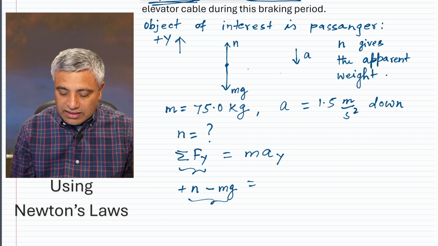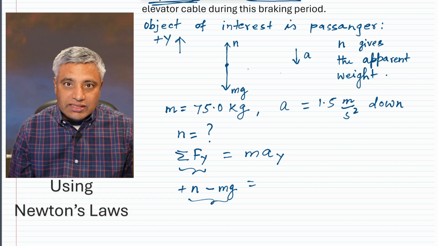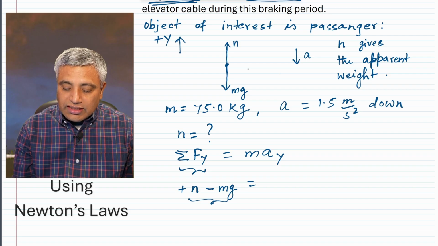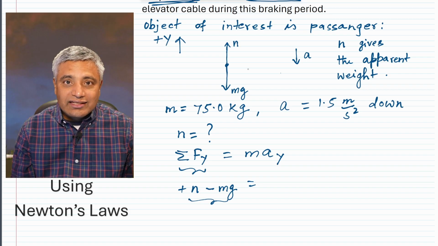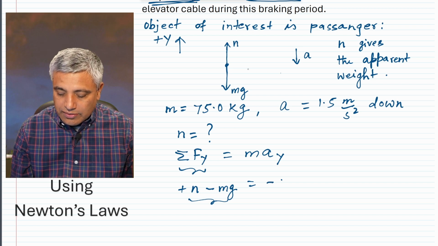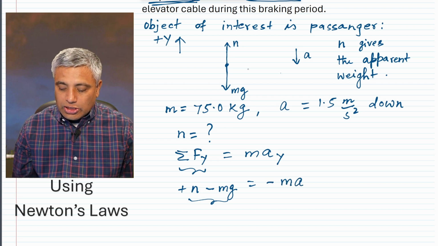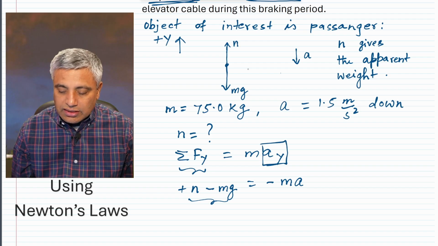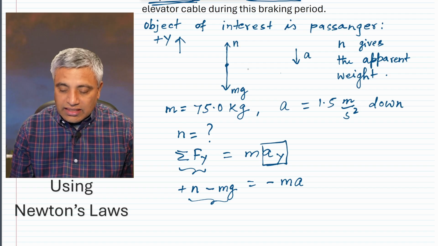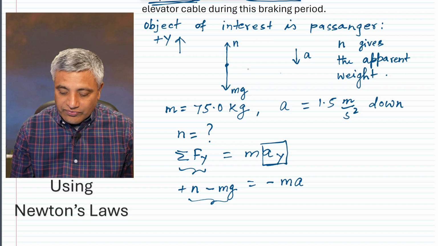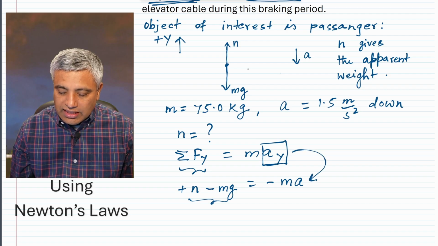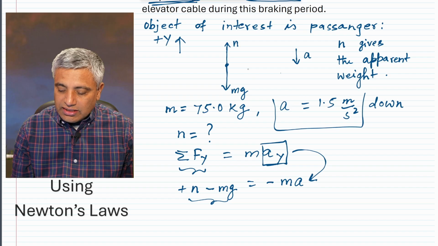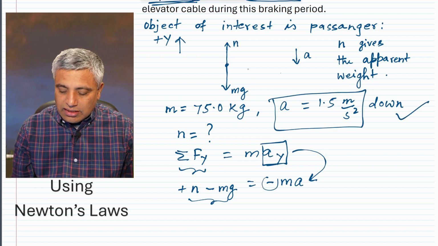Now on the right hand side, it is mass times acceleration. So acceleration in this case is pointing down, so the sign of acceleration is negative. Negative mass times acceleration. See, this is the acceleration in the y direction, and this has a value and a direction. The value I am assuming as a, maybe the value is just this, and the direction down is there.